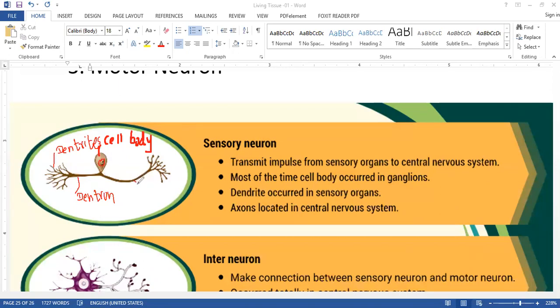And this is called axon. That's called axon. At the same time, here this is synaptic vesicle, or we can say synapse is a terminal or axon terminal.